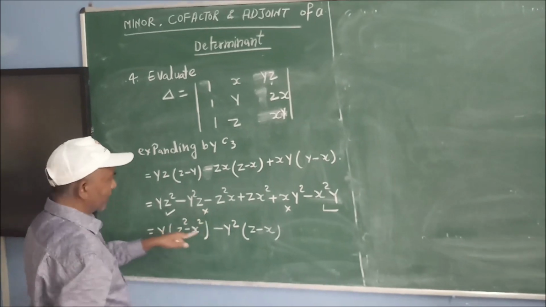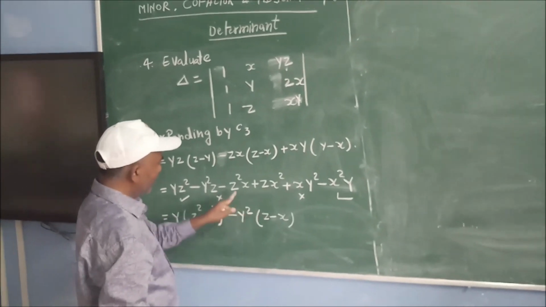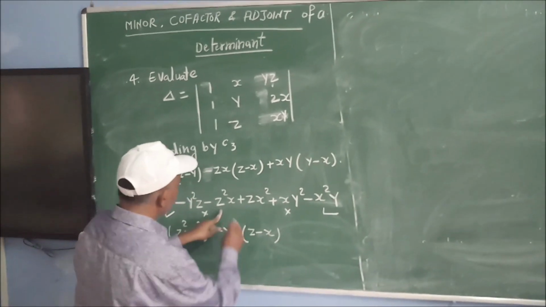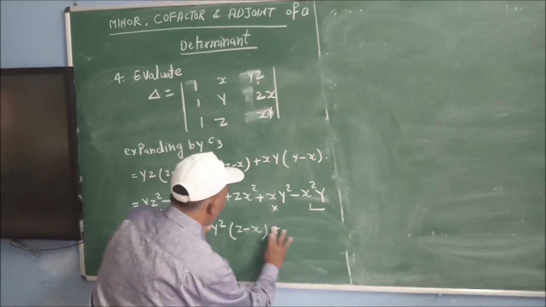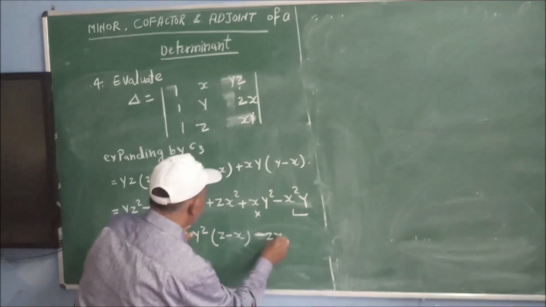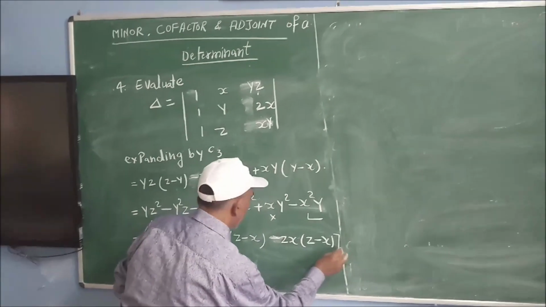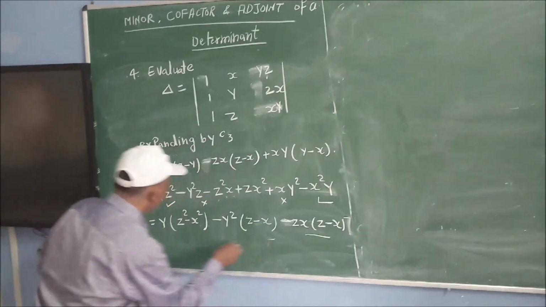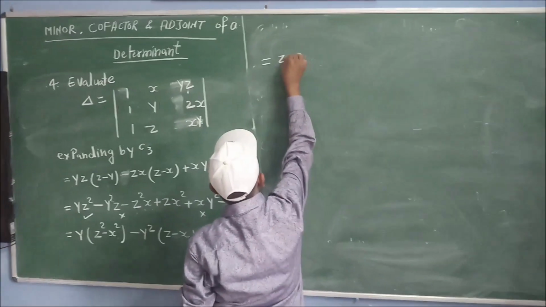From these two terms, you can take minus y square as common, so this will be positive and this will be negative. And lastly here, if you take minus zx as common, this can be written as z minus x. So from all the terms, we can take z minus x as common.